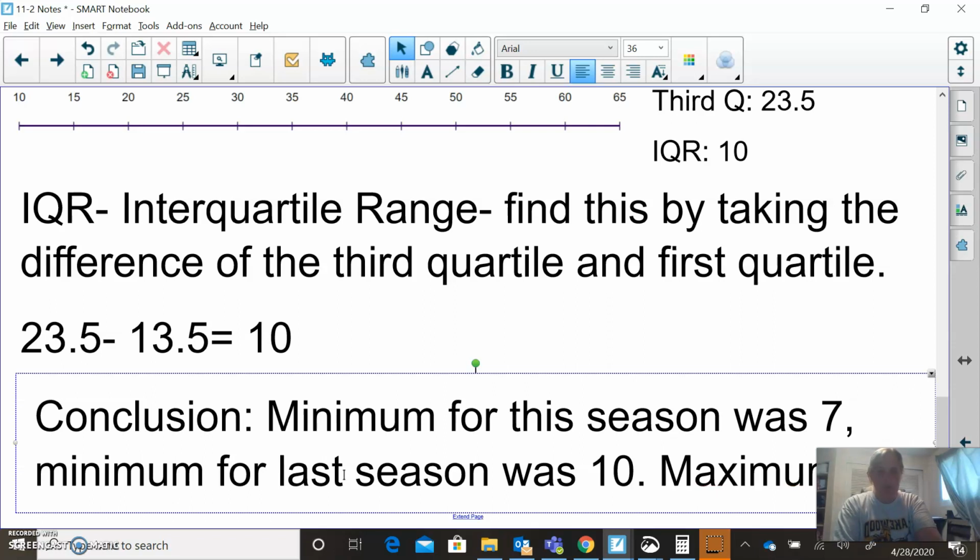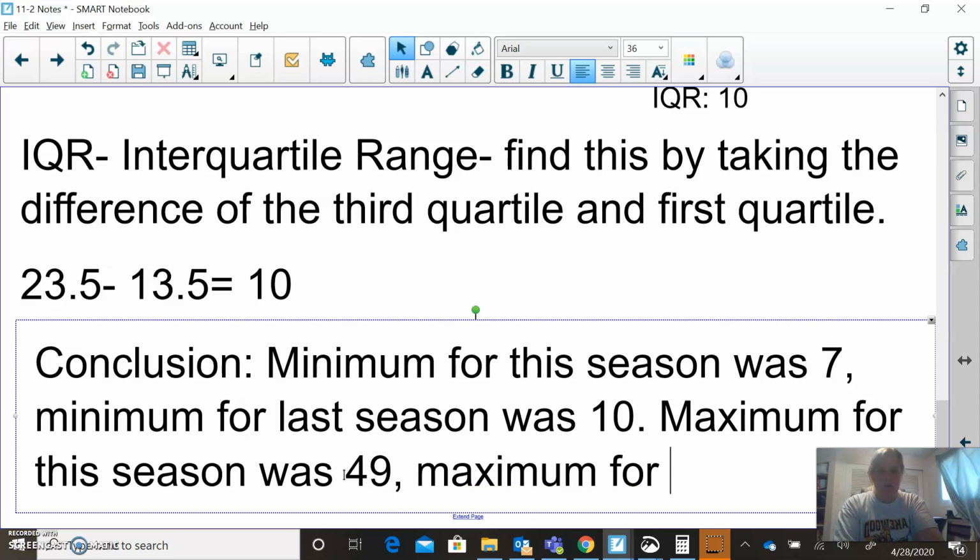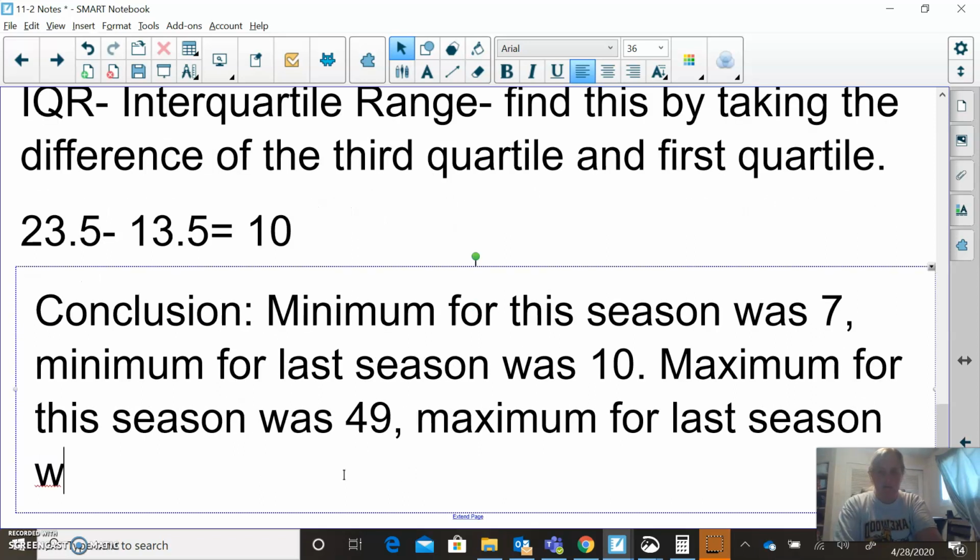Maximum for this season was 49. Maximum for last season was 62. So there's a big range of data, right? Between 10 and 62, that's a big range of data. There's less range between 7 and 49.